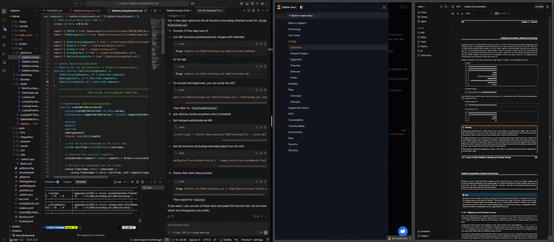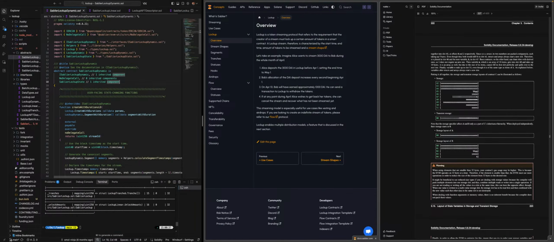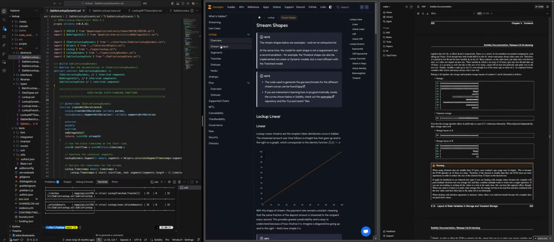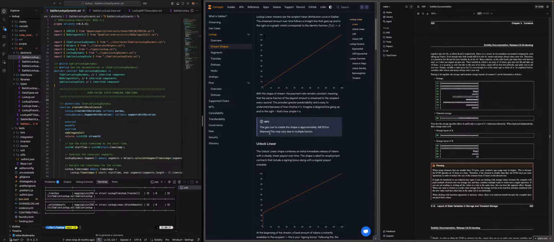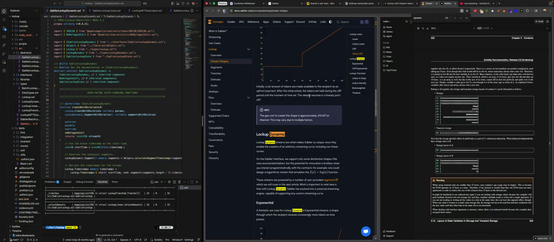I'll understand what are dynamics, right? Just give me a moment. Stream shapes, I think it should end at this. Yeah, I think this is the dynamic, lockup dynamic. Yep.